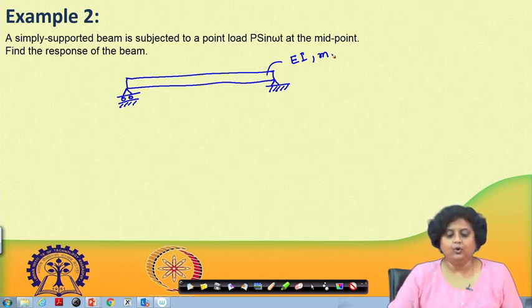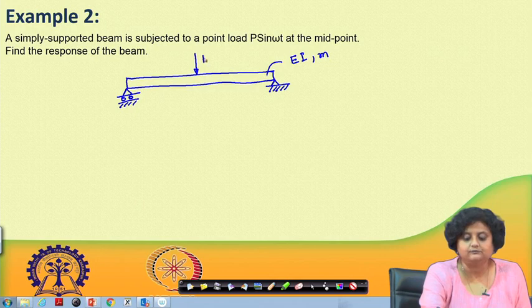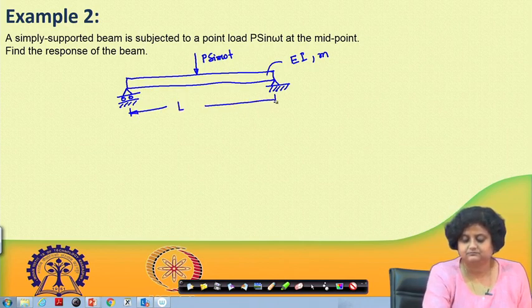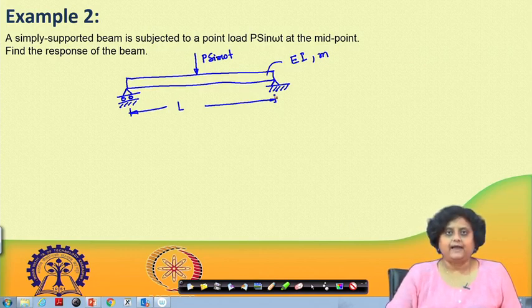Now, a load of P sin omega t is acting at the midpoint of the beam, at L by 2. So, L is the total length of the beam.